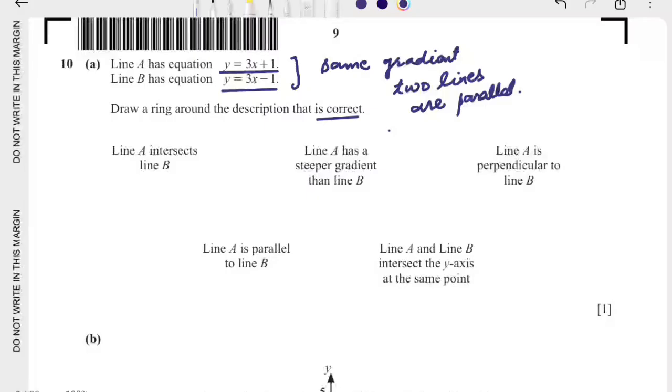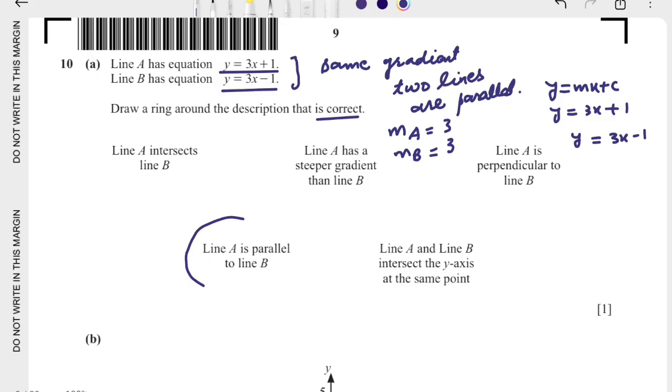In y equals mx plus c, the gradient is the coefficient of x, so the gradient of line A would be 3, and the gradient of line B would also be 3. So it means that both lines are parallel. So this option is the right one: Line A is parallel to line B.